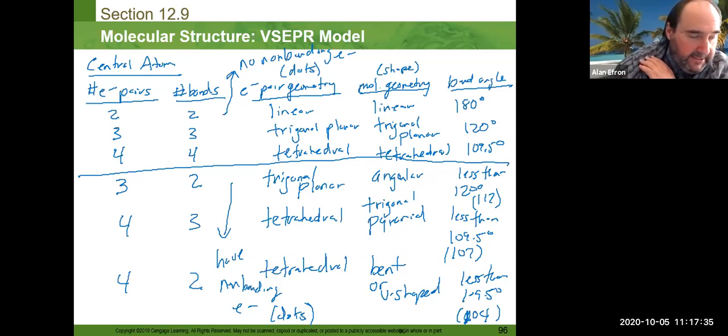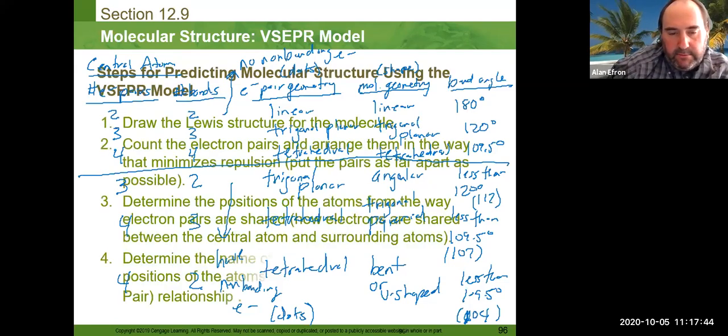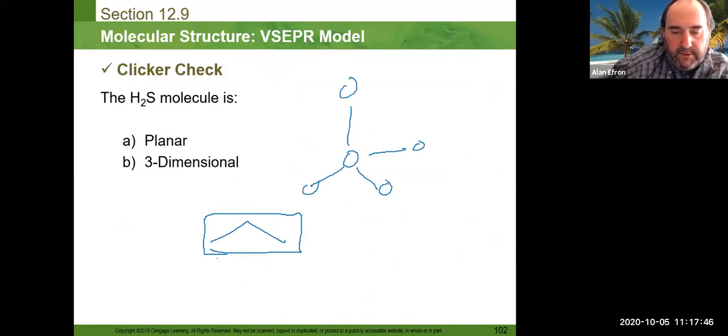All right, now, one last thing in terms of geometry before we finish up talking about it. You can do geometry when you have, and it does happen occasionally, more than one central atom.